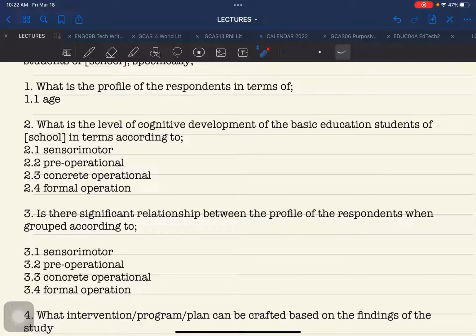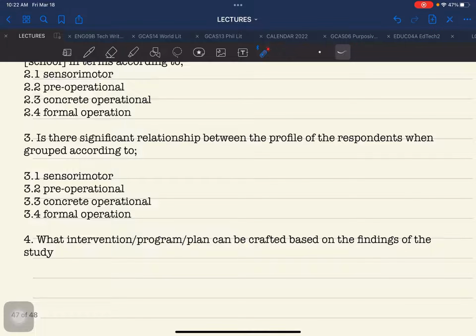So is there a significant relationship of the age of the respondents in terms of their sensory motor, pre-operational, concrete operational, and formal operational? So I already used profile of the respondents in this statement of the problem. Again, if you used demographic profile and it was not utilized in the other parts of your statement of the problem, then you will be questioned by your panel why you gathered that particular information in your study.